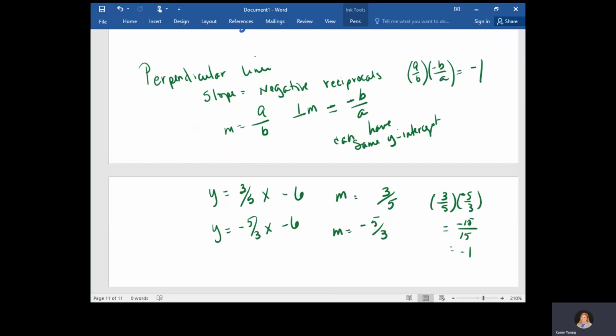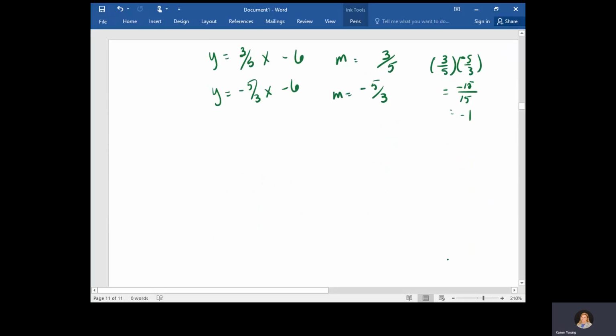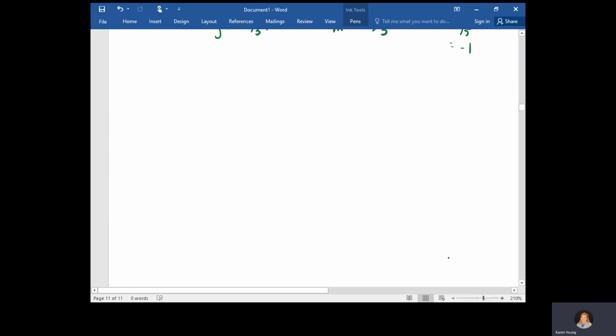So that's how you tell if lines are parallel or perpendicular on a graph. And it's also what we use to determine what the parallel or perpendicular line is. So in this example, I'm given the point 2, 3.